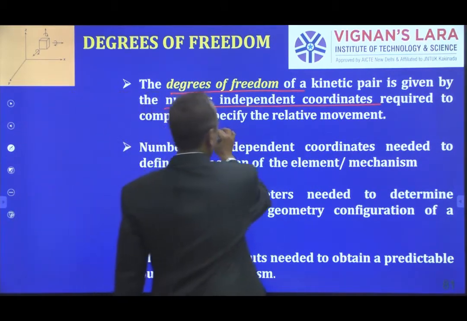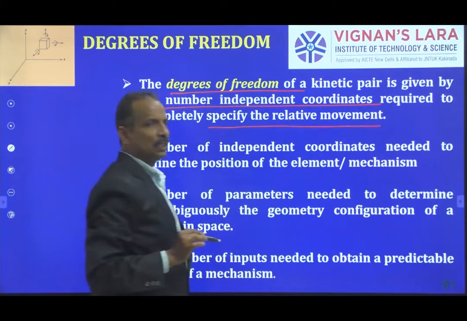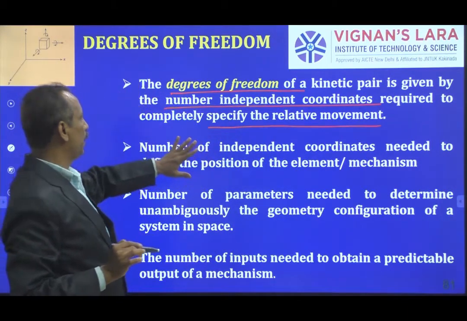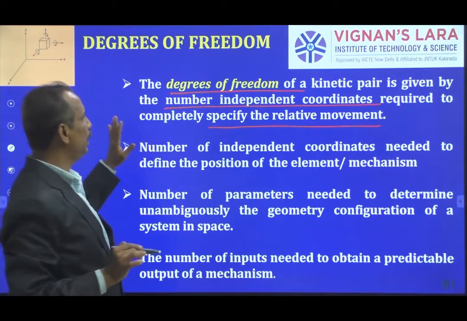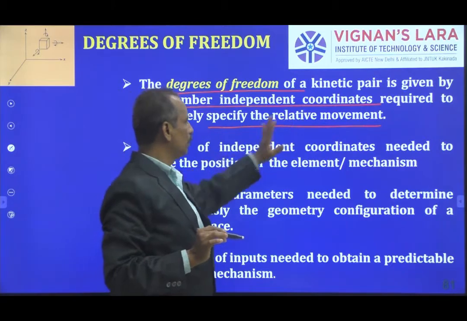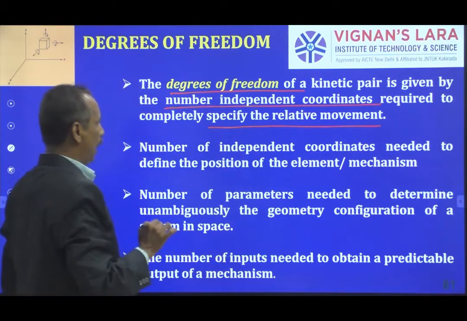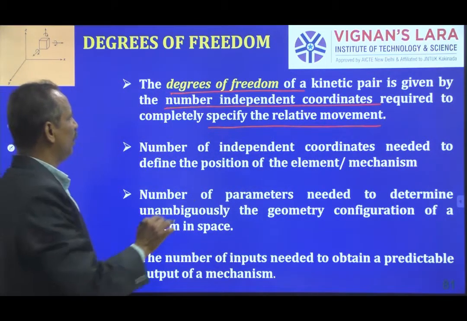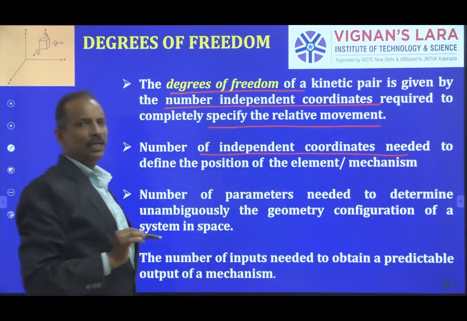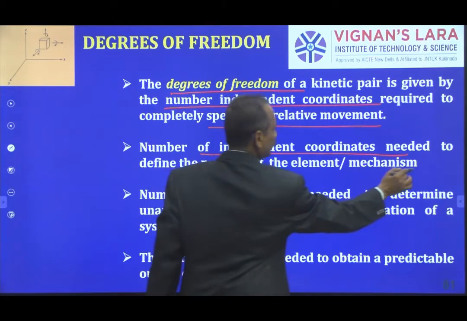Here I am talking about a kinematic pair, and how many independent parameters are required to completely specify the relative motion. Or we can define it as the number of independent coordinates needed to define the mechanism.